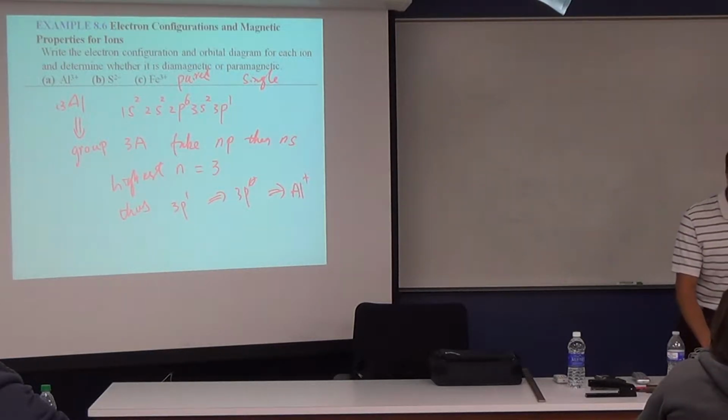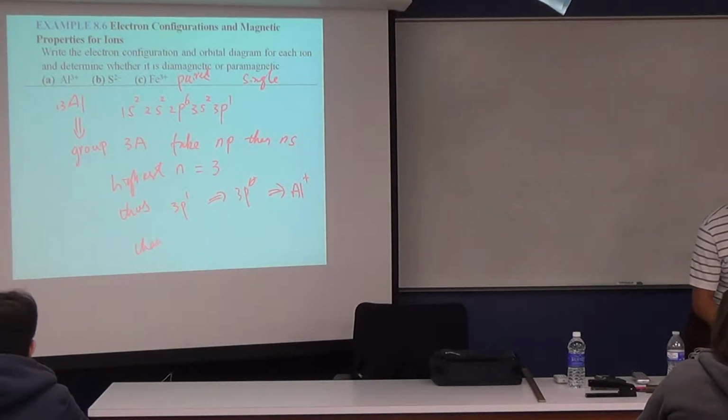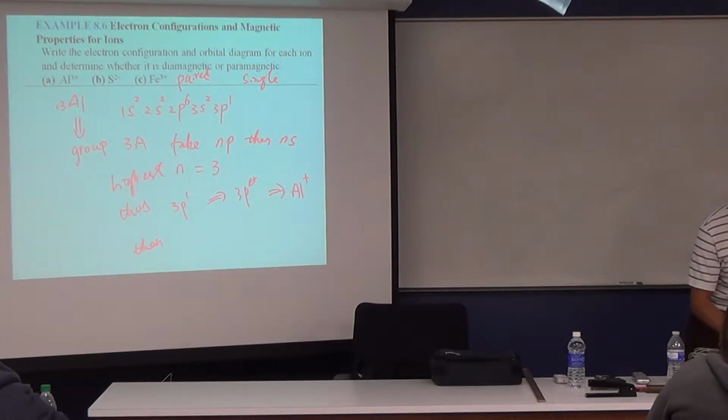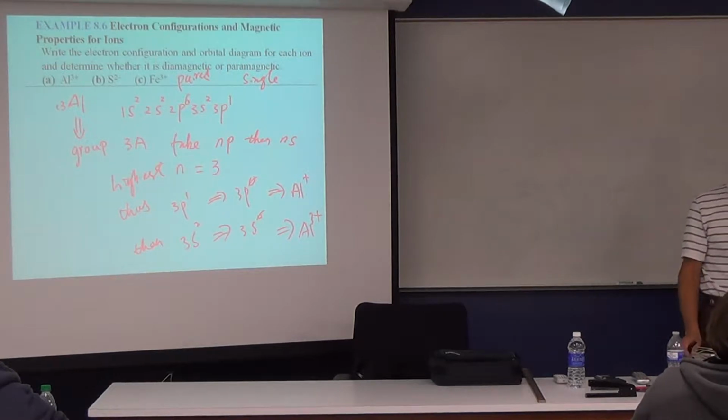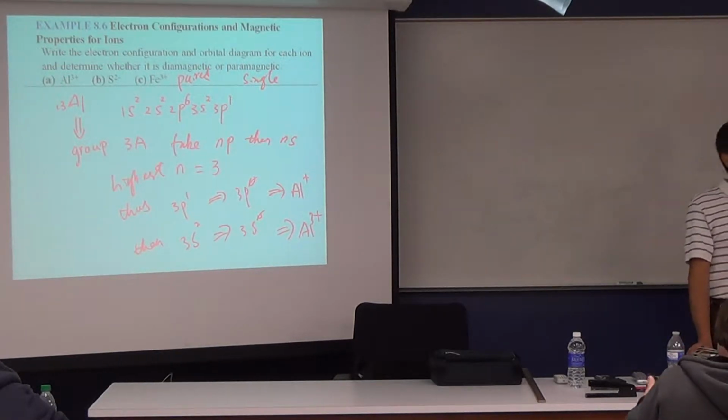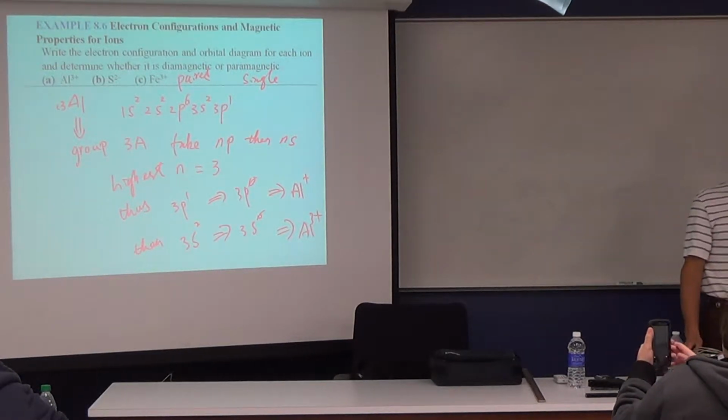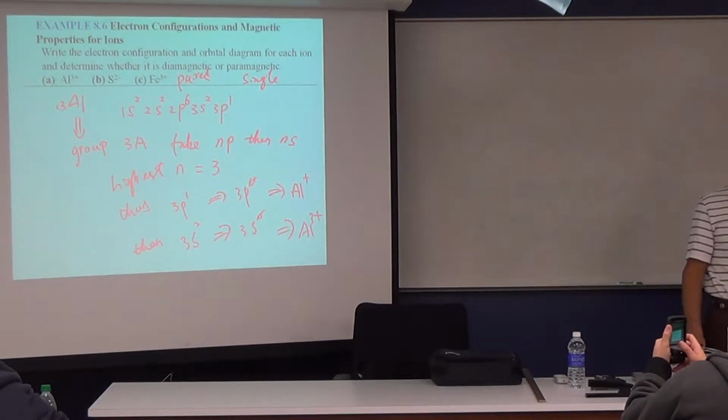So you need Al3 plus. That means you need to take 2 more electrons away, from the 3s2. If you take away 3s2, it becomes 3s0, and altogether that gives you Al3 plus. That is one example of the electron configuration for the cation, the positive ion.